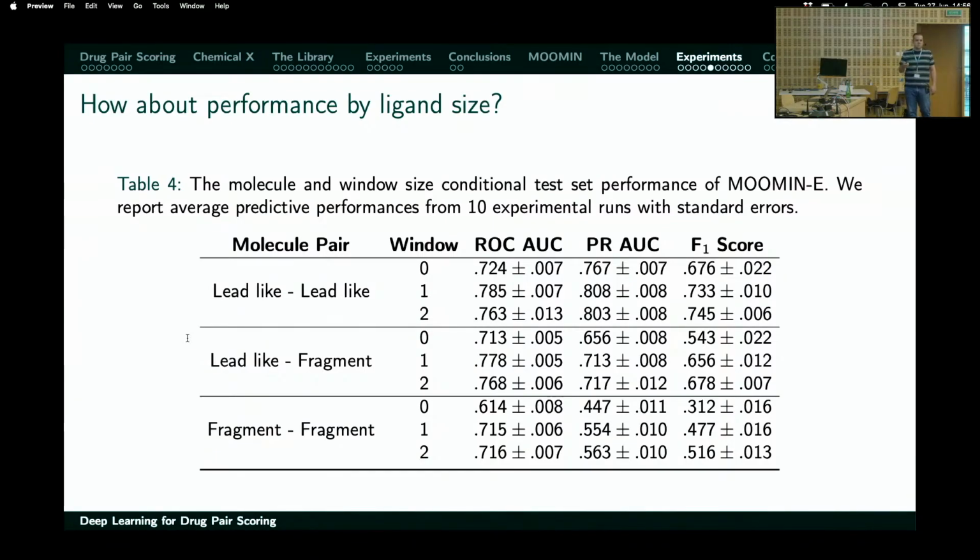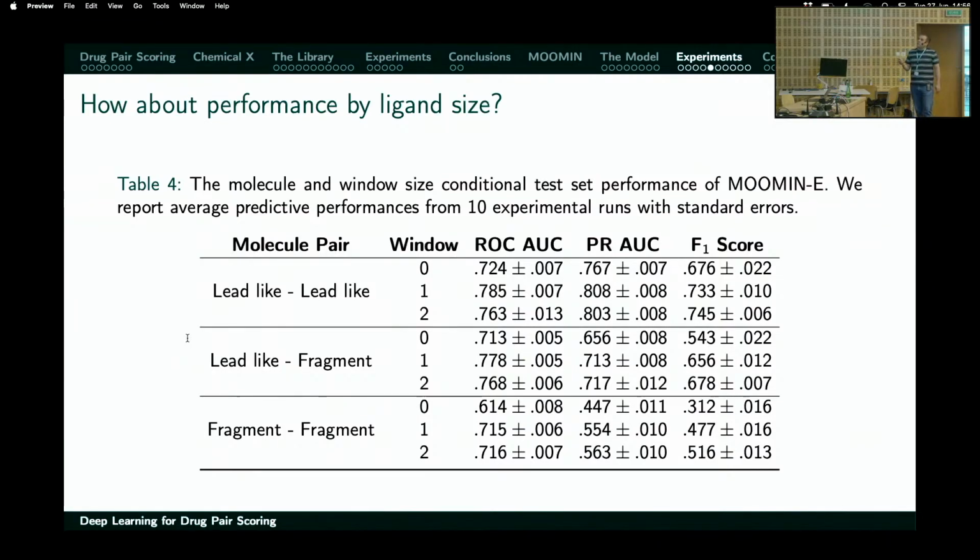And fragment means a molecule that is very tiny, and very early in the discovery process. What we are doing is that we have 3 different scales that we consider. We look at the ligand itself, interacting proteins, and ligands that also interact with the same proteins that the source ligand interacts with.